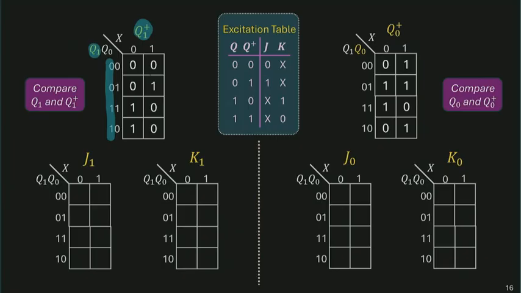So here, Q1 is going from 0 to 0, so I put down 0x. In fact, all of these are 0x because they have the same previous Q1 value and the same new Q1 plus value. I can do it group by group. Instead of doing it one by one, I just find all of these conditions that share the same current state and next state behavior, and then do the translation once.